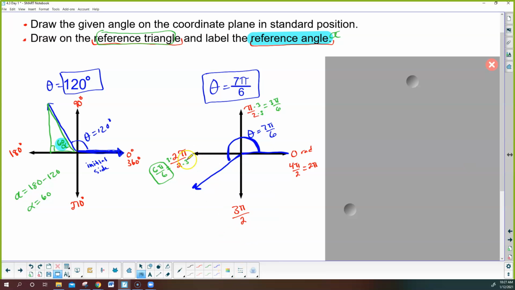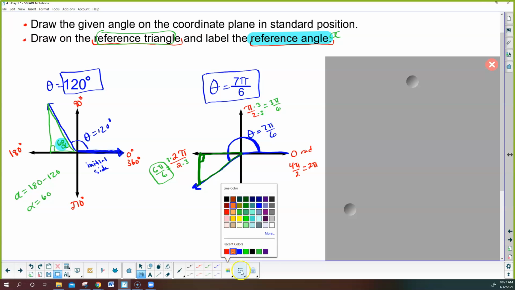All right, now we have to draw the reference triangle. And that reference triangle is from the closest x-axis and the terminal side. That's a 90-degree angle there. So now I have to figure out, well, what is this angle right here? We call that alpha.